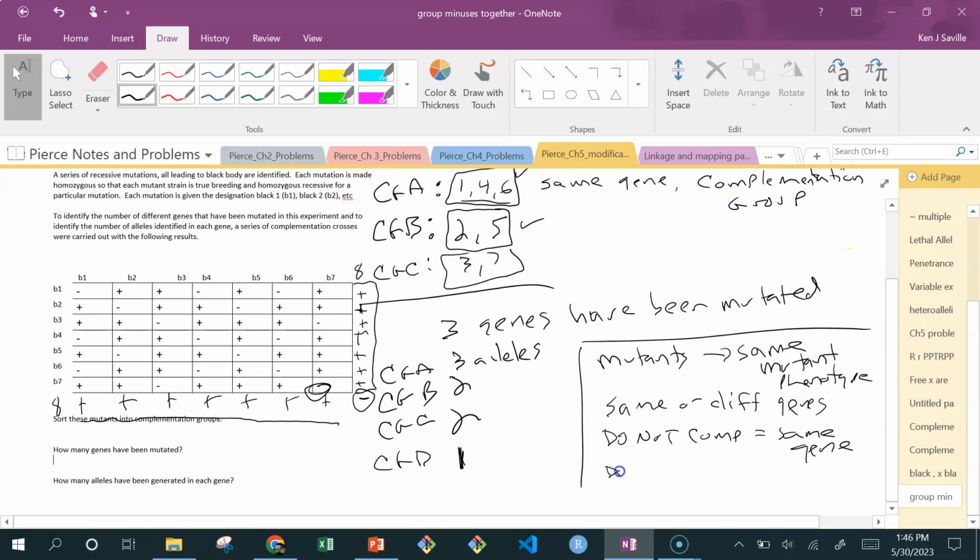And then different mutations in the same gene are called alleles. All right, so that's complementation analysis.